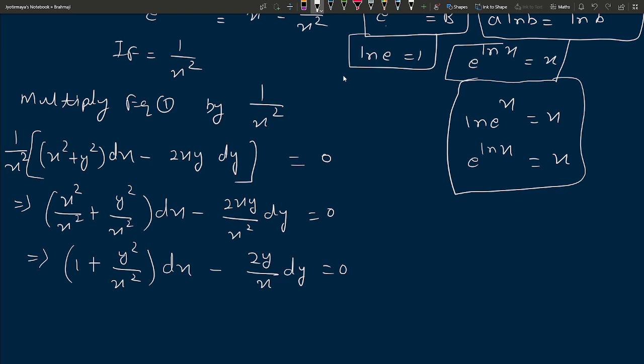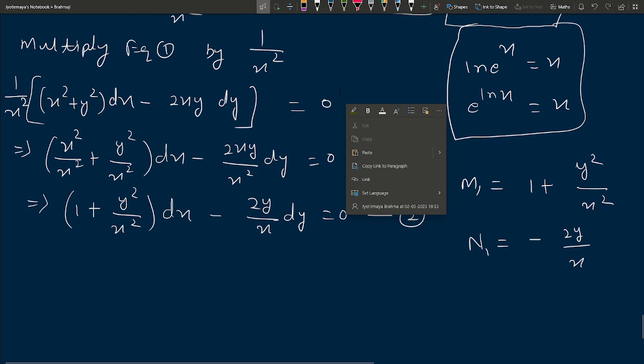This is equation 2. Here m1, the new m, is whatever is multiplied with dx, that is 1 plus y square by x square. The new n, n1, is whatever is multiplied with dy, that is minus 2y by x.